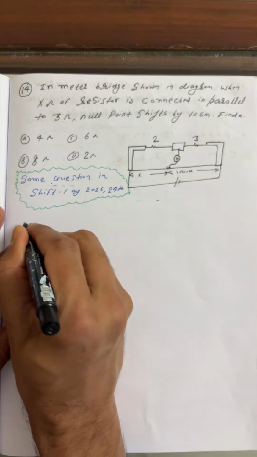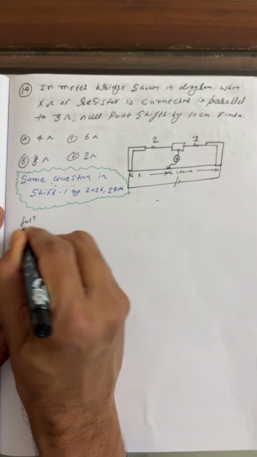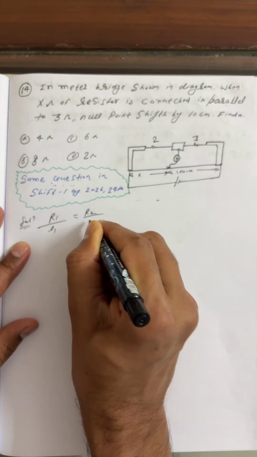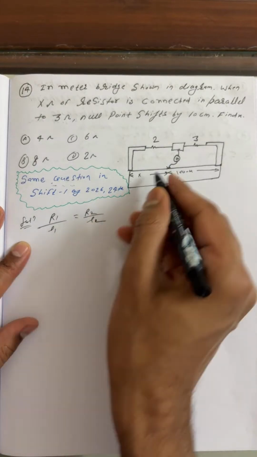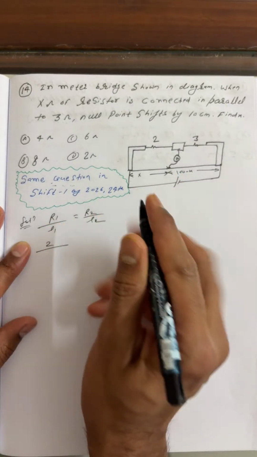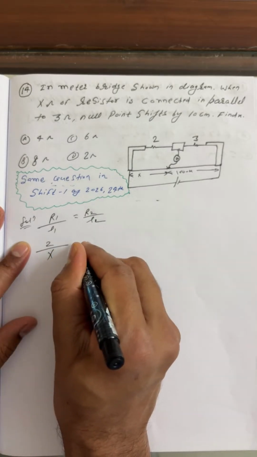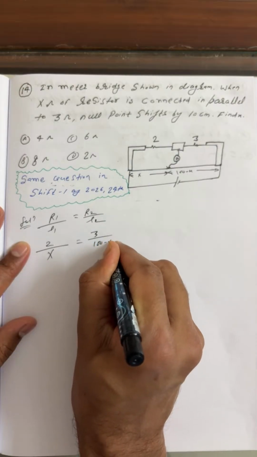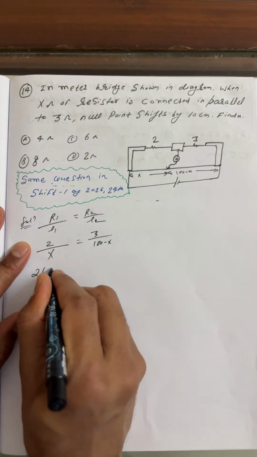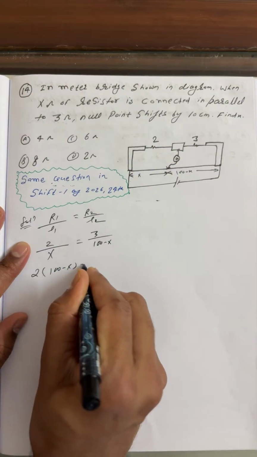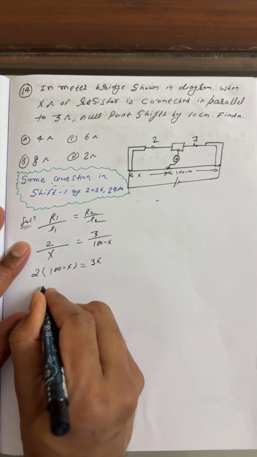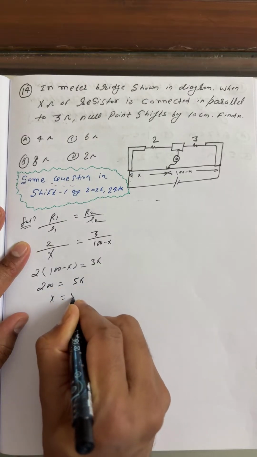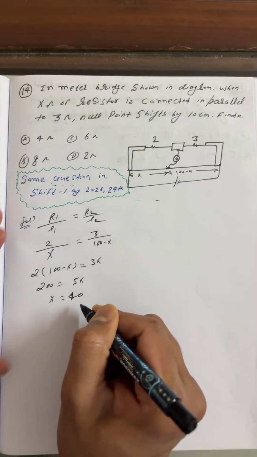Apply the formula here: R1 upon L1 is equal to R2 upon L2. R1 is 2, L1 is x, R2 is 3, and this is 100 minus x. Just cross multiply: 2 into (100 minus x) is equal to 3x. So 200 is equal to 5x, and x you will get is 40, right?